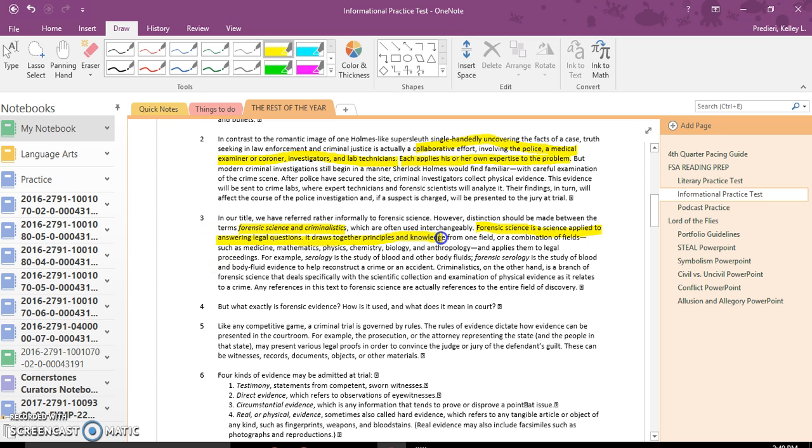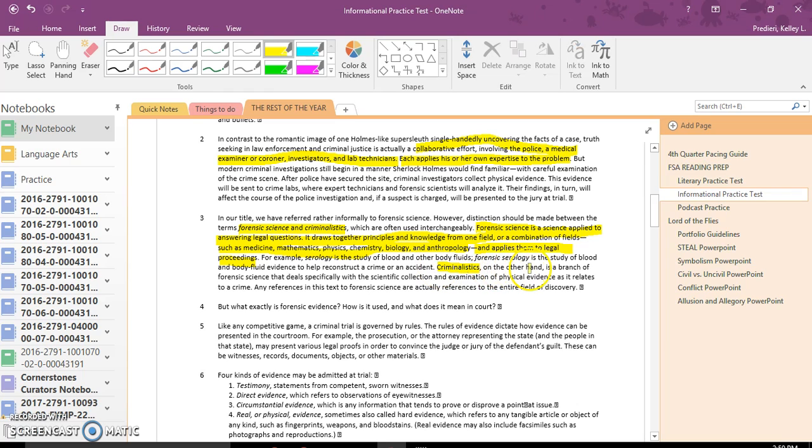It draws together principles of knowledge from one field or a combination of fields, such as medicine, mathematics, physics, chemistry, biology, and anthropology, and applies them to legal proceedings. For example, serology is the study of blood and other bodily fluids. Forensic serology is the study of blood and bodily fluid evidence to help reconstruct a crime or an accident.